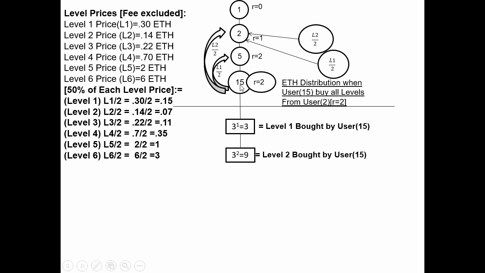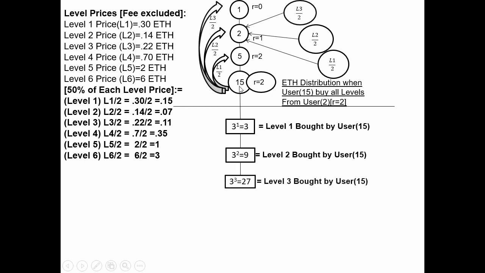Let's see if user 15 buys level 3, what will happen. Level 3 price is 0.22, 50% is 0.11. So 0.11 Ethereum will go to user 1 as the upper upline, and the rest of the 50%, L3 by 2, that means 0.11 Ethereum, will go to user 2. What will happen if user 15 buys the next level, level 4?